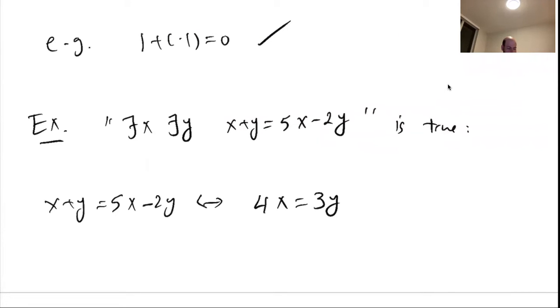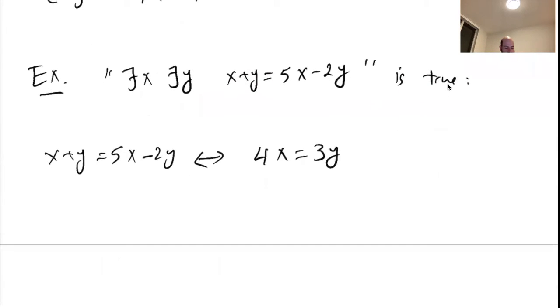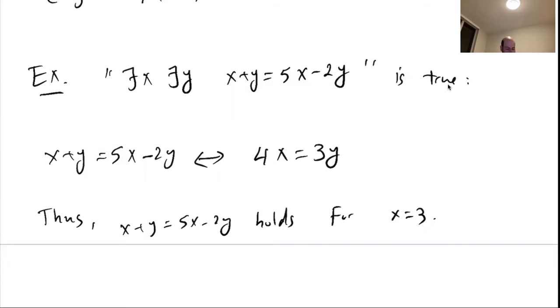Right? And then, well, we just need to find an x and y where 4x is equal to 3y. So for example, x plus y equals 5x minus 2y holds for x equals 3 and y equals 4. I want 4x to be equal to 3y.